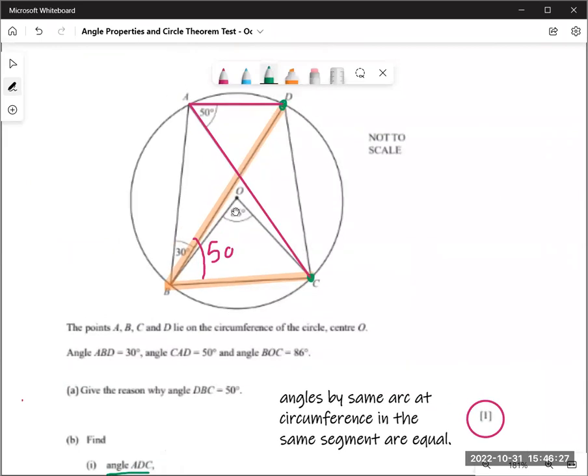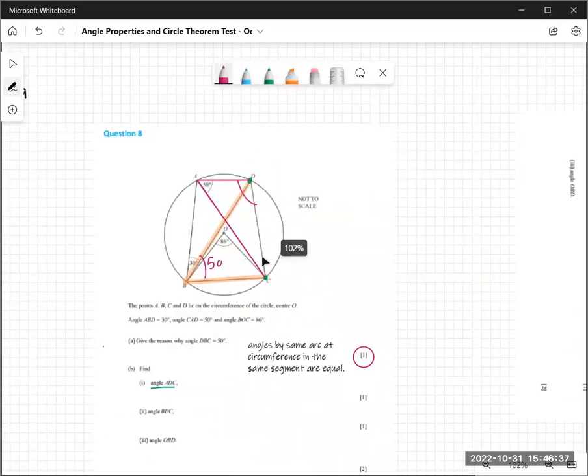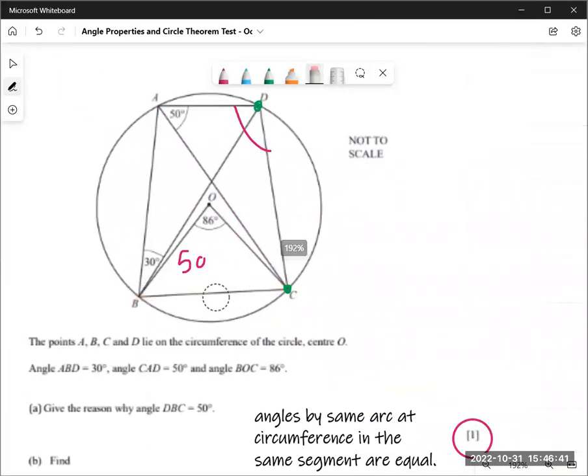Angle ADC. This one. That's what we have to find. Now, since I know that this one is 50, and we also know that this one right here is how much?